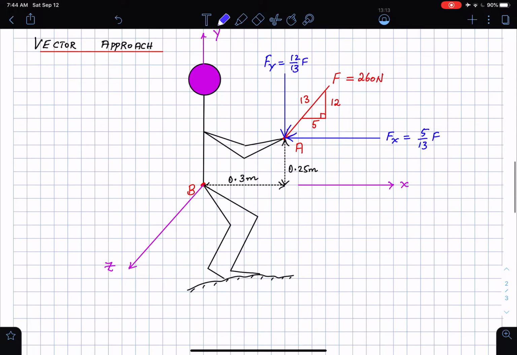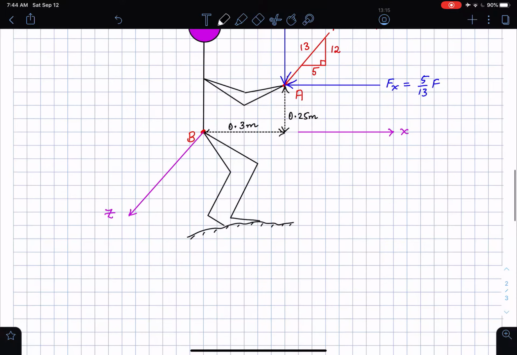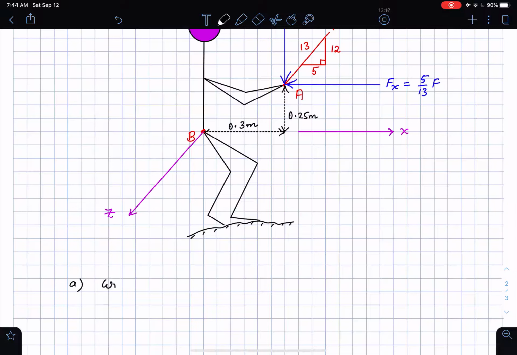So my first step is, A, write the force as a vector. So that the force F is now going to be minus 5 by 13 F in the I, minus 12 by 13 F in the J, and 0K.